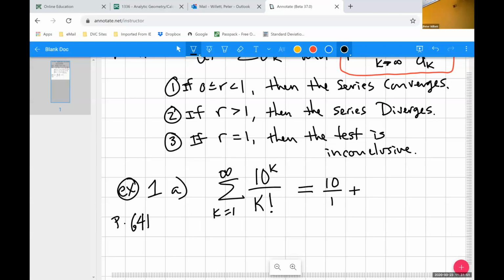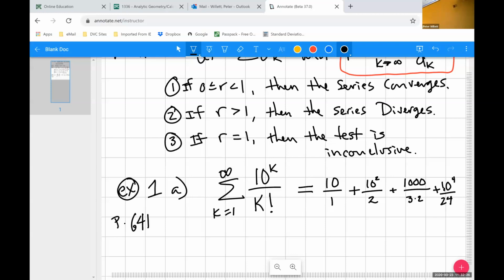If k is 2, I have 10 squared, which is 100, over 2 factorial, which is 2. If k is 3, I have 1,000 over 3 factorial, which is 3 times 2, or 6. If k is 4, I have 10 to the 4th, which is 10,000, divided by 4 factorial, which is 4 times 3 times 2, which is 24, because it's 4 times 6.